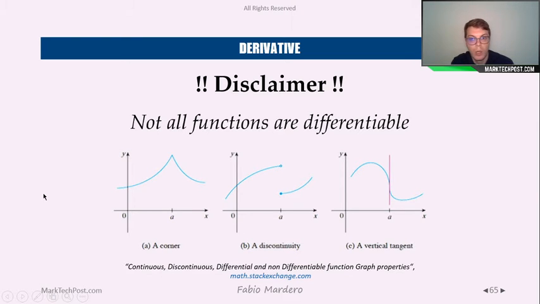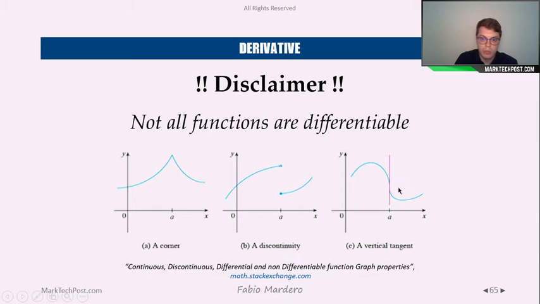Disclaimer: not all functions are differentiable at some points. For example, you can recognize the middle one. Of course, we cannot compute the limit here. How can we pretend to compute the derivative with respect to a? Here, for example, let's start from the left. If we approach from the left or from the right, we get different results.